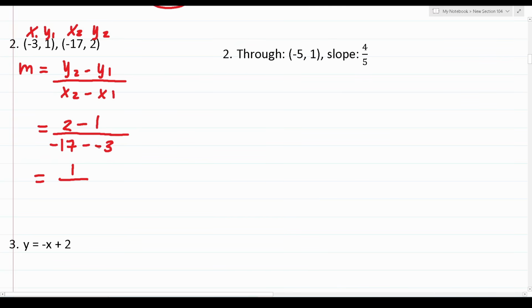These minus become plus. Negative 17 plus 3, of course, is negative 14. All right, so this is negative 1 over 14. In other words, the slope of the line that passes through the points negative 3, 1, and negative 17, 2 is negative 1 over 14.